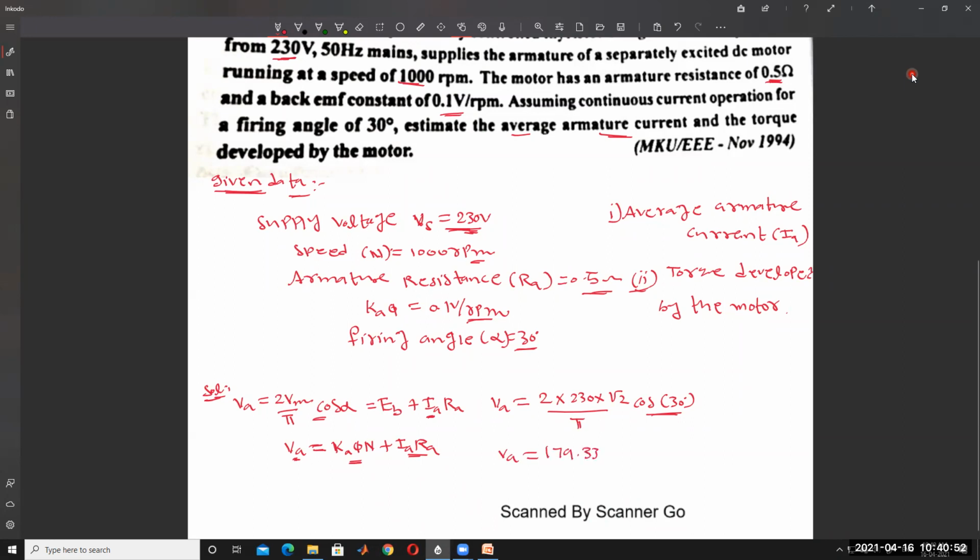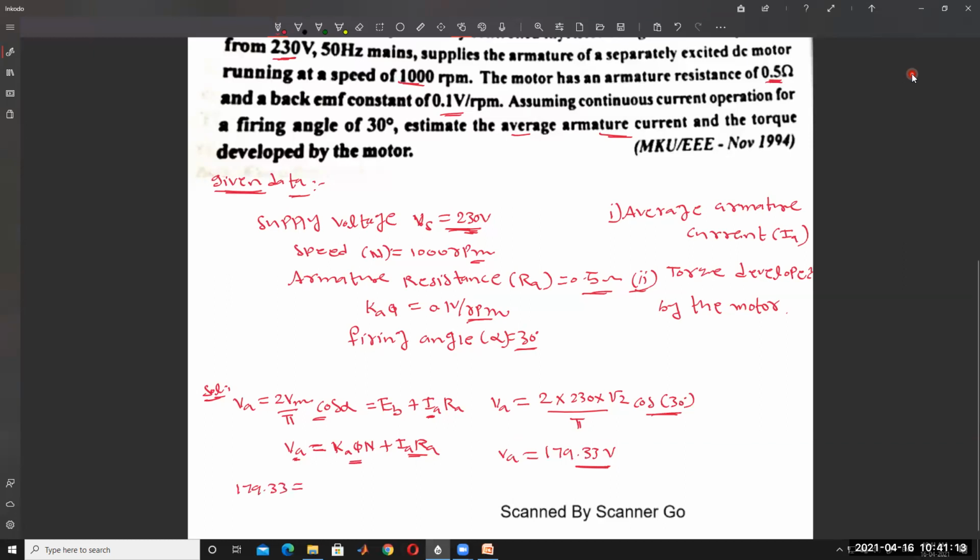VA is 179.33 volts. Substitute this here, and you will get only the armature current as unknown.